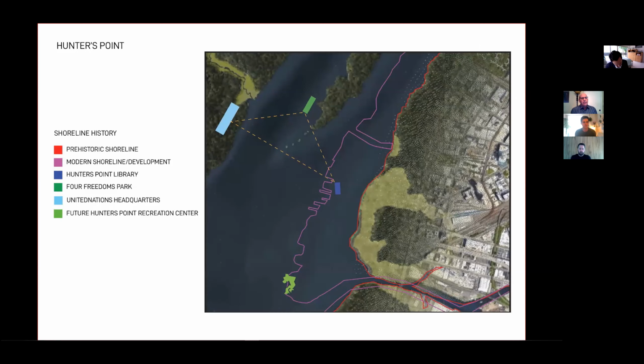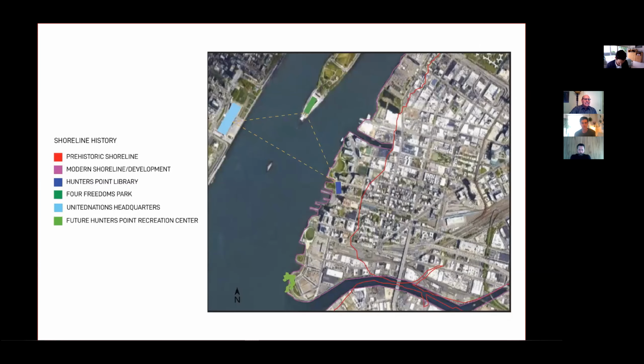So when they started to develop in the late 1800s, they just started filling everything in between these 2 lines that you see here. And everything that exists in Hunters Point never existed. It all emerged out of the water. They just filled it in and built on top. And I just found that was interesting that they elevated the whole site 15 feet above sea level to create all this topography. And I just thought it was very unique in that way.